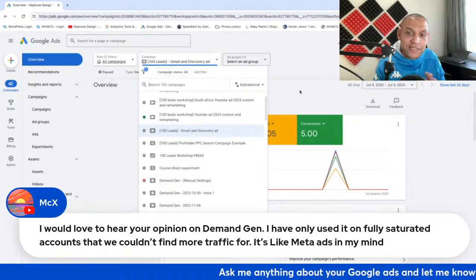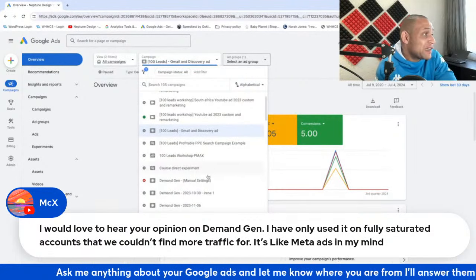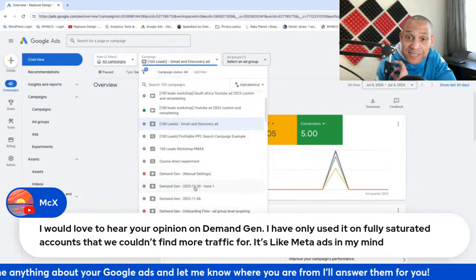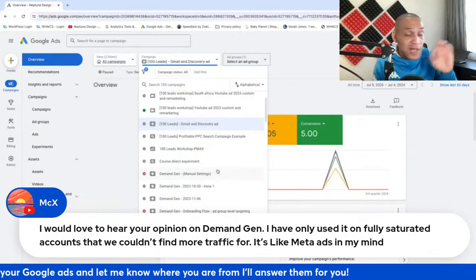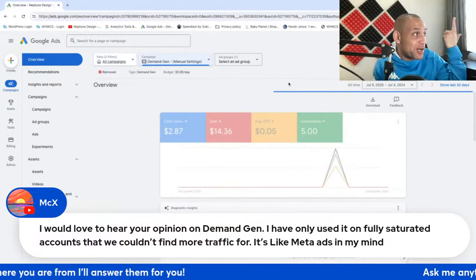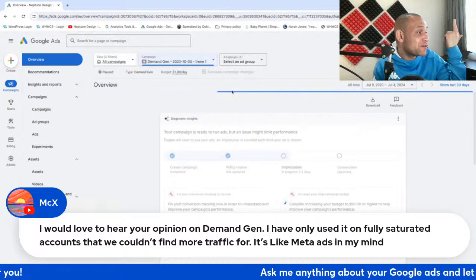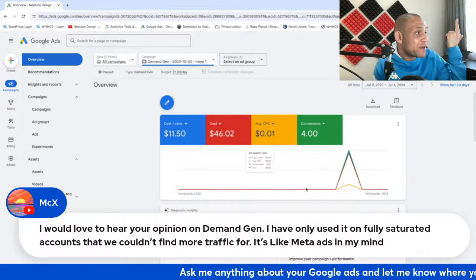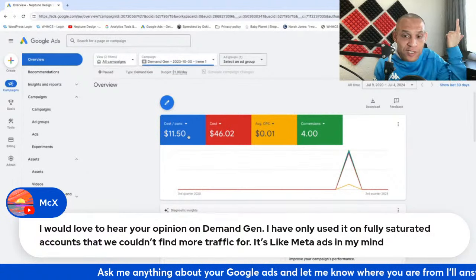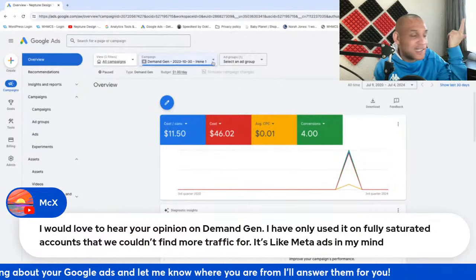But the problem is when you're running the demand gen, right? When you're running the demand gen, it's very business specific. So for example, I'll show you 4 failed demand gen campaigns. We ran demand gen over here, didn't even start. Ran demand gen over here. We got 4 conversions, but the cost per conversion was more than my search ad. So I can't really say that this is amazing.